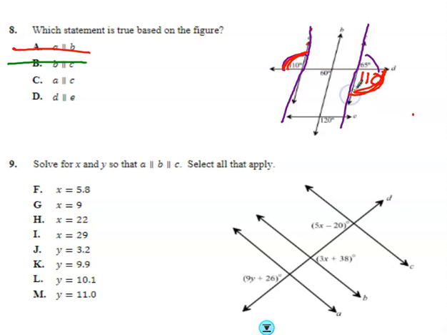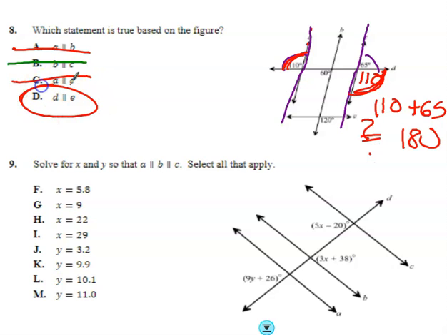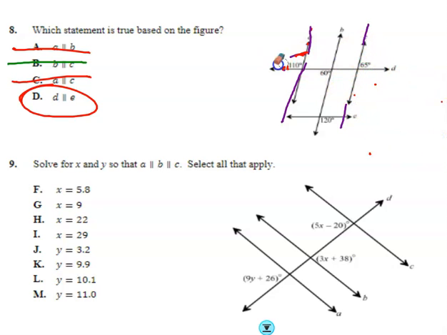They're both alternate exterior. Okay, does 110 plus 65 add up to 180? No, it does not. So it's not C. So your only option is D. So sometimes you have to go through each one and see if it's true or false based on what you know with geometry. Use those notes, okay?